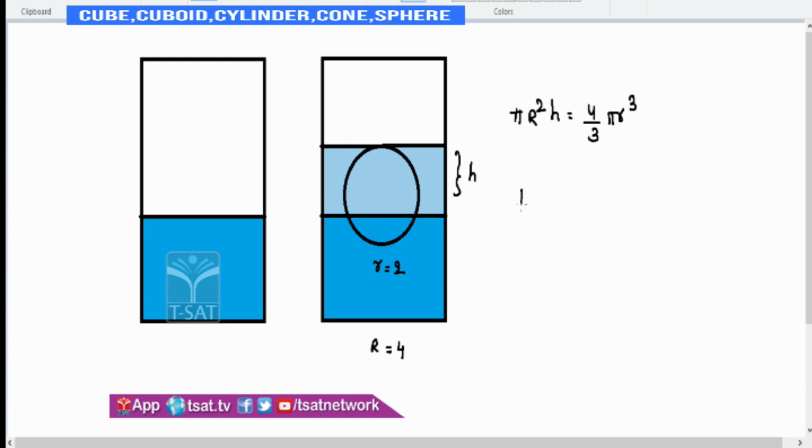Capital R square is 4 square, that is 16, into h is equal to 4 by 3 into small r, which is 2 cube, which is 8. So h is equal to 32 by 48, that is 2/3 of a centimeter. So the rise in height is 2 by 3 of a centimeter.